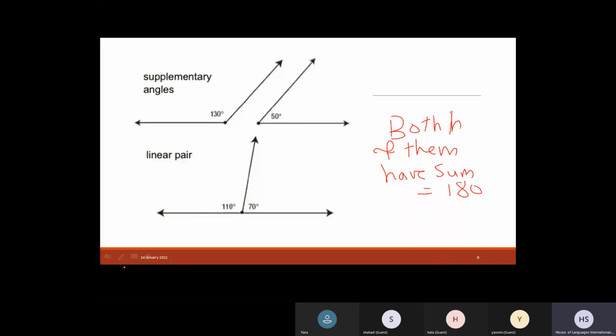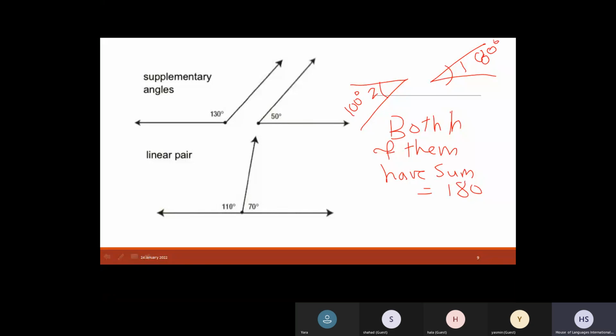What do I mean? Like one is here and one is down. And I told you angle 1 and angle 2 are supplementary. So because they are supplementary, if this is 80, this will be 100. Why?